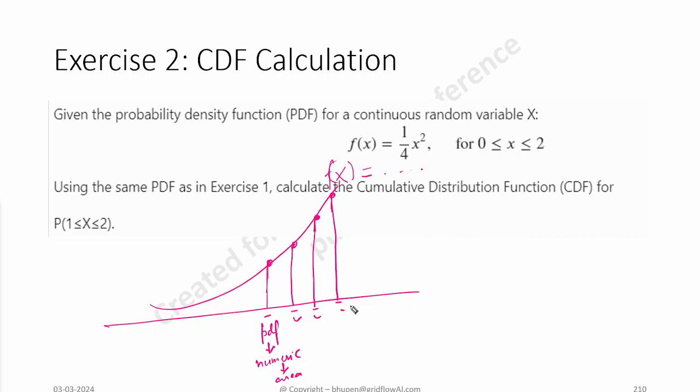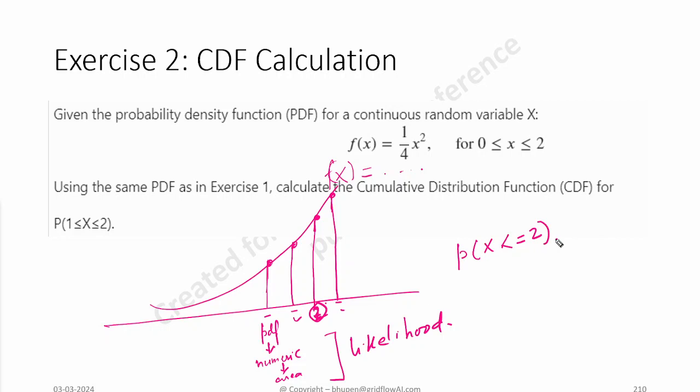Now that's not probability, right? So each of the points is simply likelihood. They are not probability. So let's say this point is 2. Okay. So what's the probability that x will be less than or equal to 2? Right.